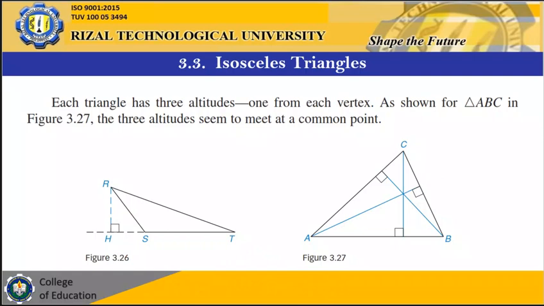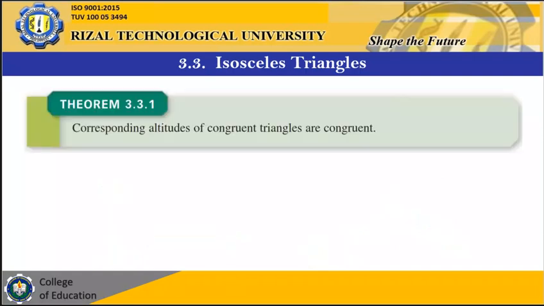Now, let's have a theorem. It says here that the corresponding altitudes of congruent triangles are congruent.